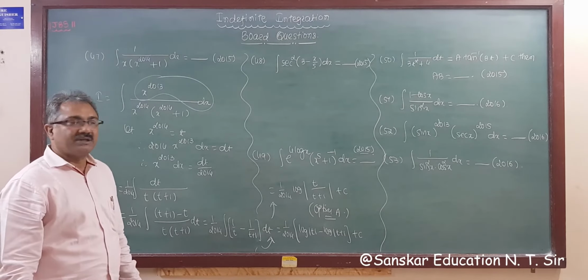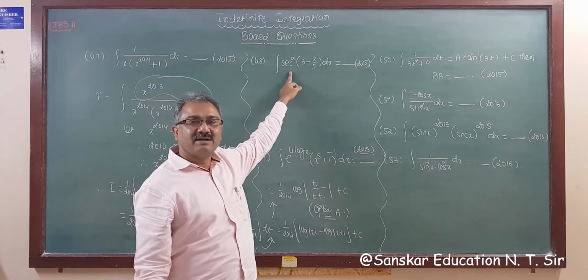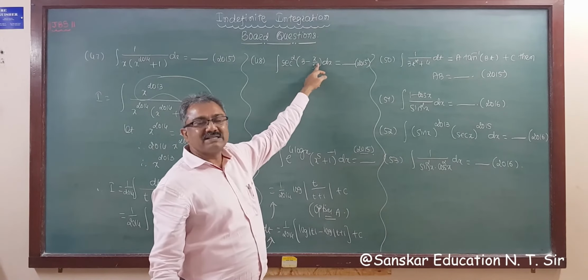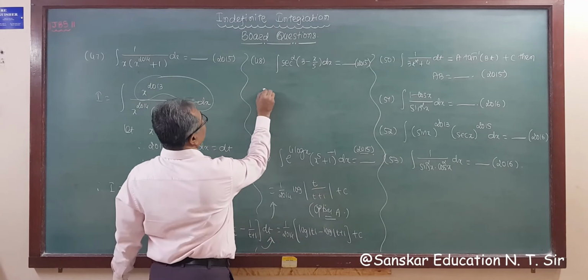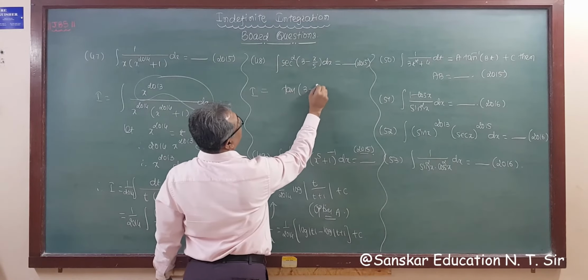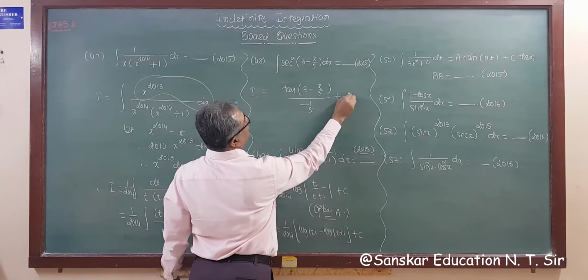That is option A. Now, the integration of sec square x is tan x, but the coefficient of x is minus 1 upon 5, so you have to divide by that. So the answer will be I is equal to tan of 3 minus x by 5 upon minus 1 upon 5 plus c.